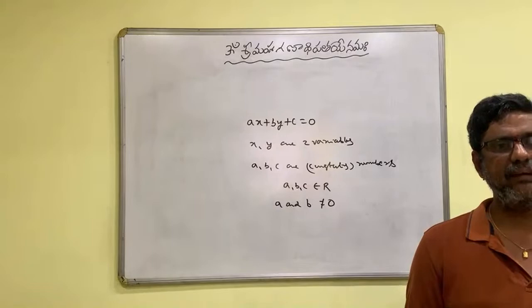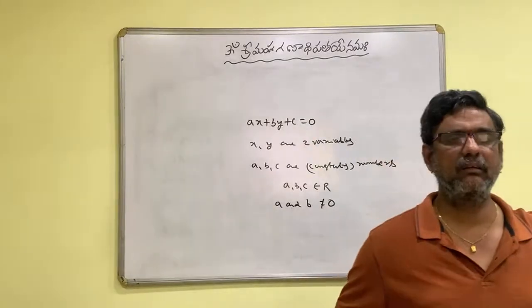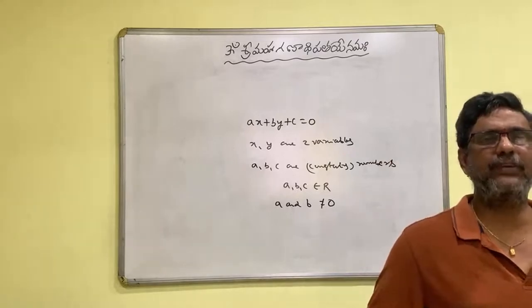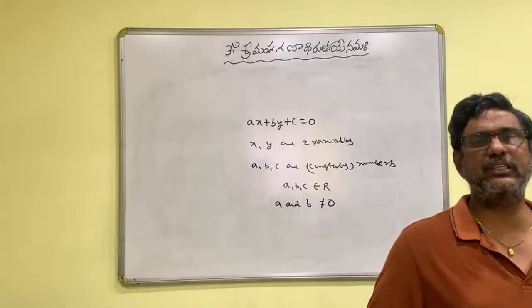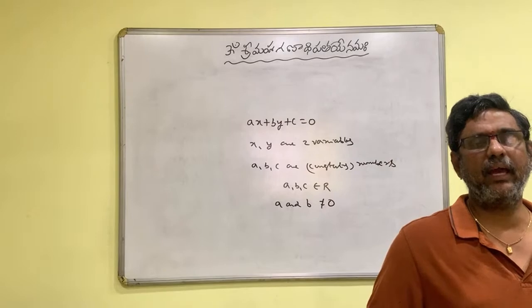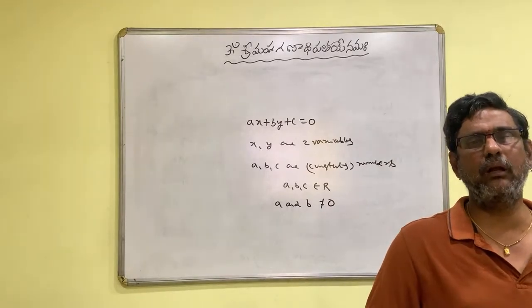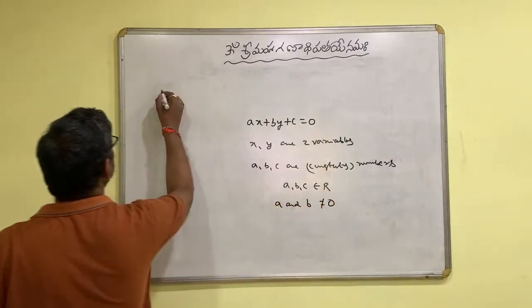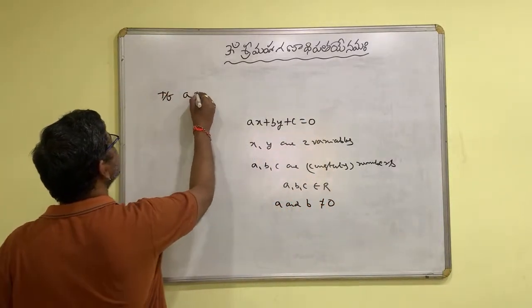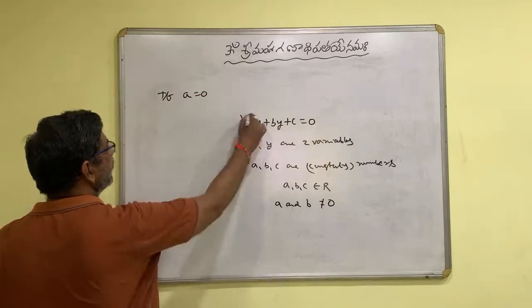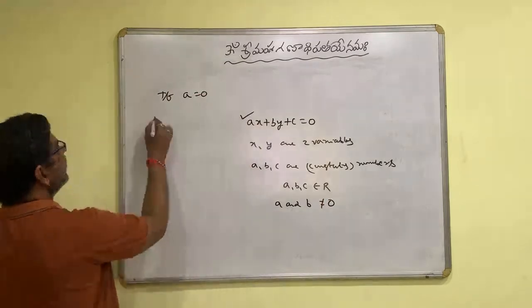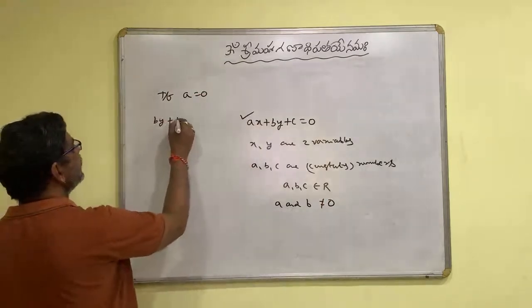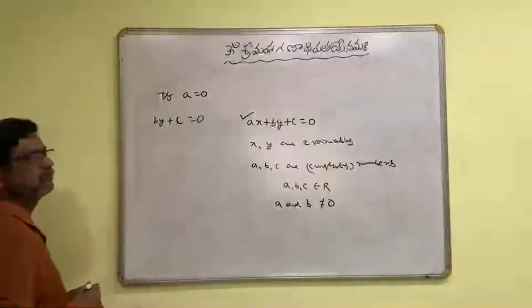సపోజ్ మీరు ఒక క్వశ్చన్ అడగచ్చు, సార్, if A can be 0 and B and C are not zero, can we say it is a linear equation in two variables? What happens if A is 0? A is 0, so 0 into x is 0. So remaining is by plus c is equal to 0.